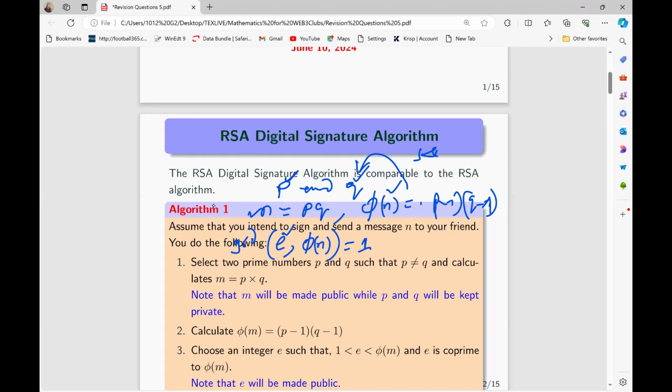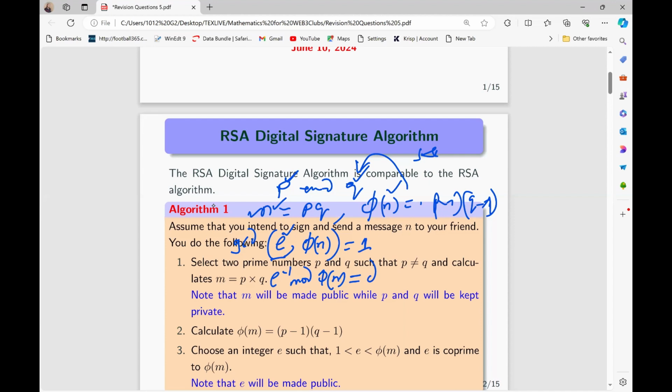You've calculated their product, which is N. You've found the Euler phi of N. You've chosen an integer E relatively prime to Euler phi of N. The next thing that follows, therefore, is to find the inverse of E mod Euler phi of N. You do this using the extended Euclid's algorithm that we learned. So this is our D.